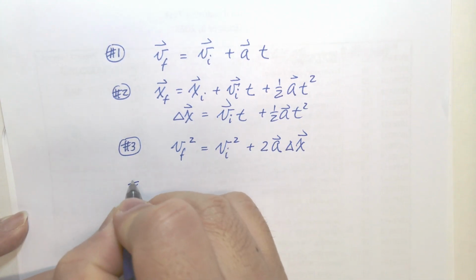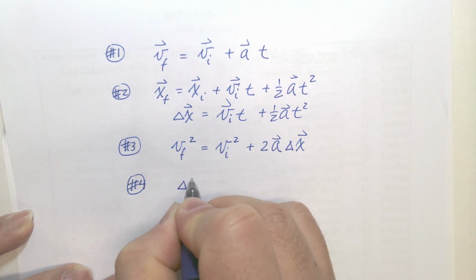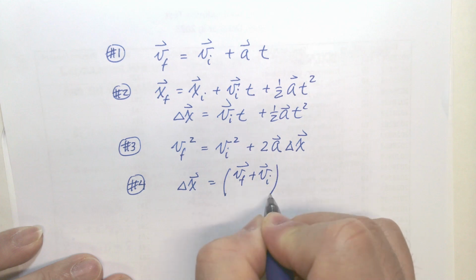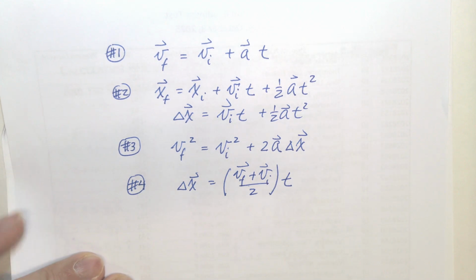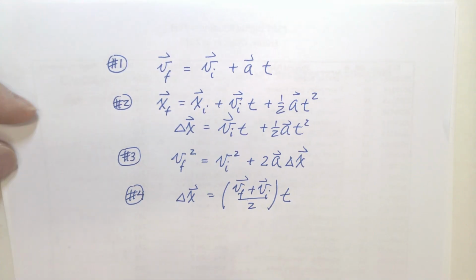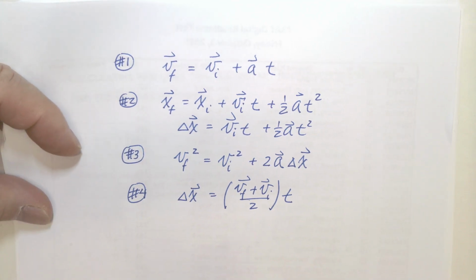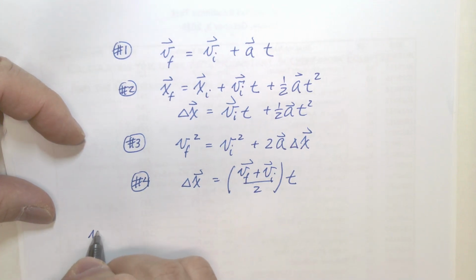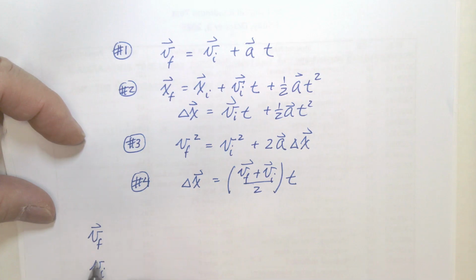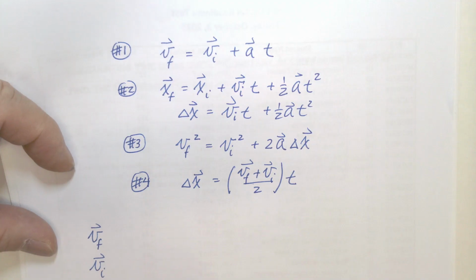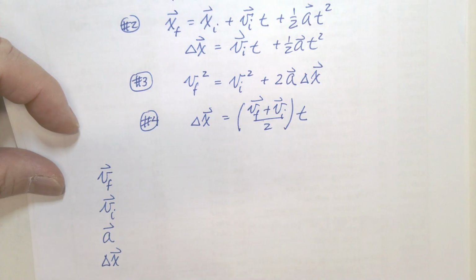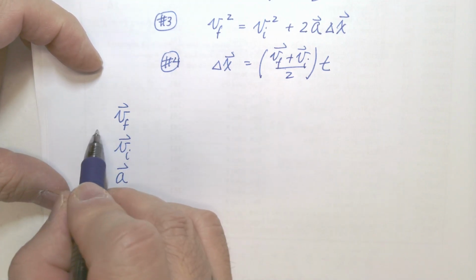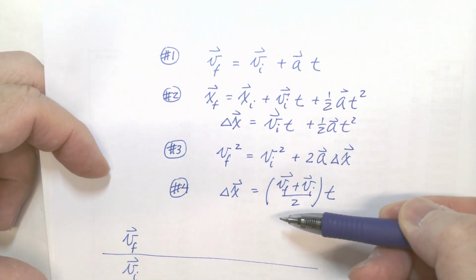And then equation number 4 is simply delta X equals VF plus VI over 2 times T. Out of these 4 equations, there are 5 unique variables: VF, VI, A, delta X, and T.